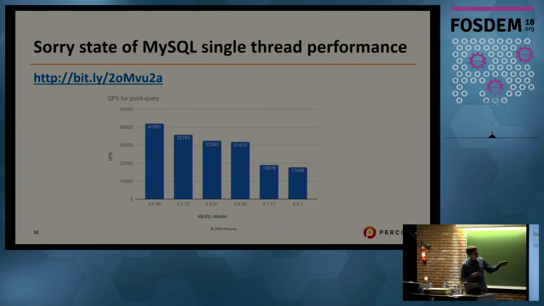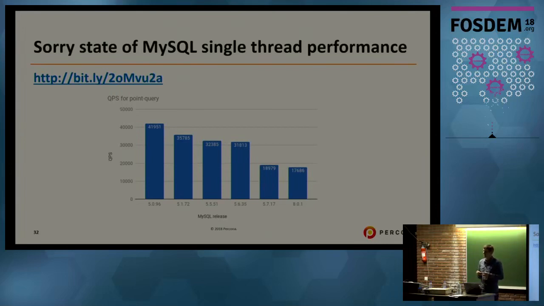Here is the graph from the champion of MySQL single thread performance, Mark Callaghan. And actually I cherry-picked one with the worst regression, guilty as charged. But you can see that for some cases we have less than half the performance in MySQL 8 as we had in MySQL 5, right?